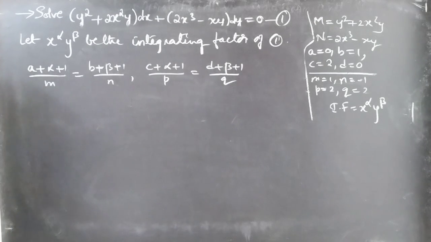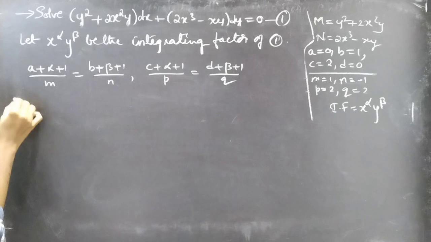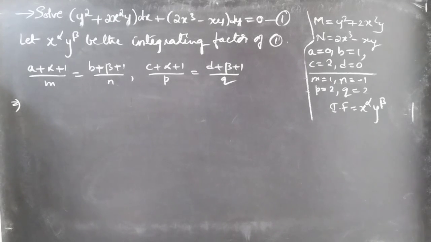Okay, I'll begin with the first one. Just substitute the values of a, b, c, d, m, n, p and q.